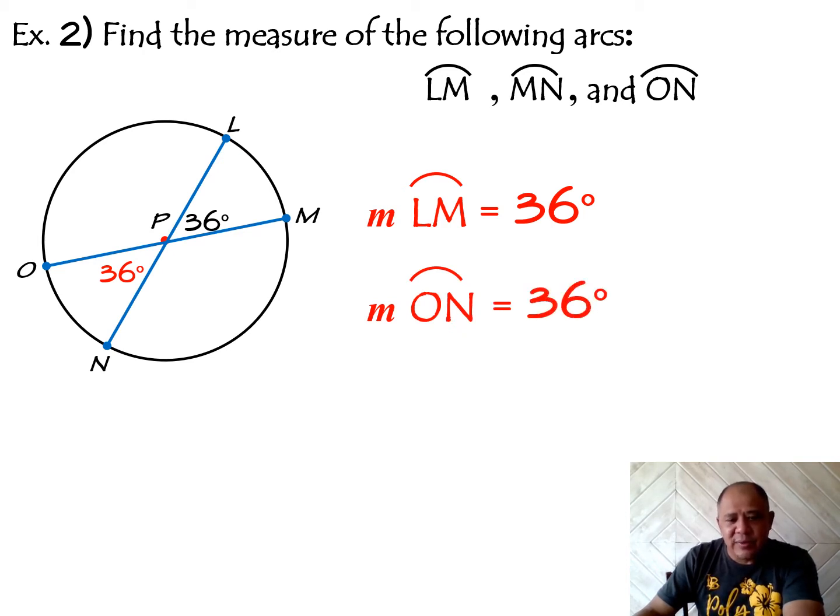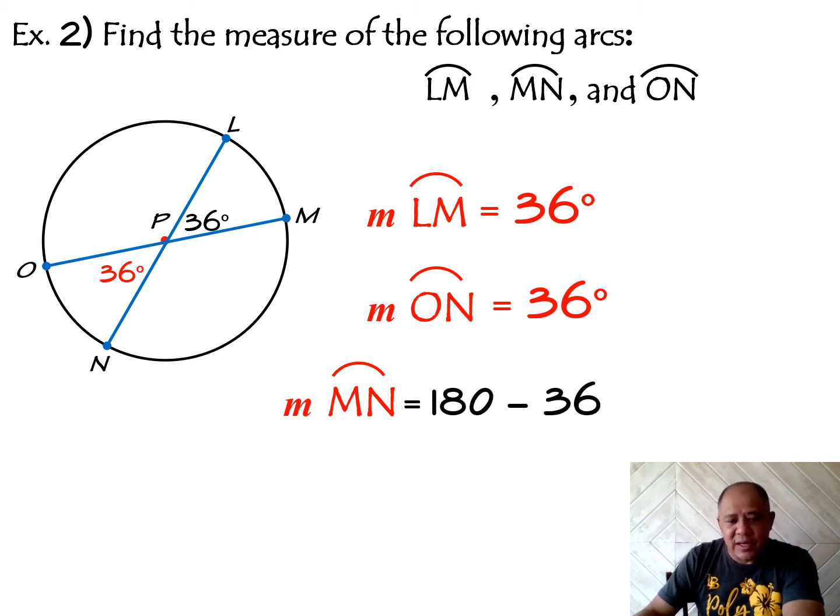So given that, how do we find what the other angle is? Well, remember, let's take a look. Notice that these two vertical angles cut the circle in half. So to find MN, it would be supplementary to 36. And you guys remember what supplementary is? 180 degrees, that's half the circle.